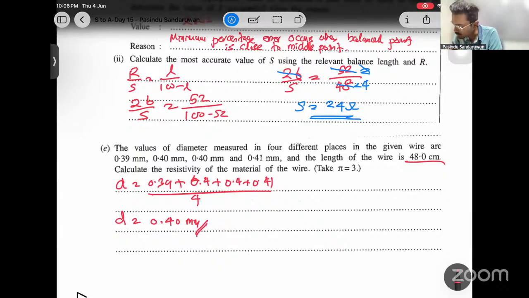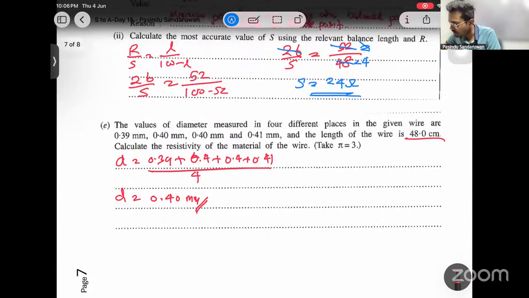The average diameter is found, and the length of the wire is 48 centimeters. Now calculate the resistivity. Resistivity: R equals rho L over A.